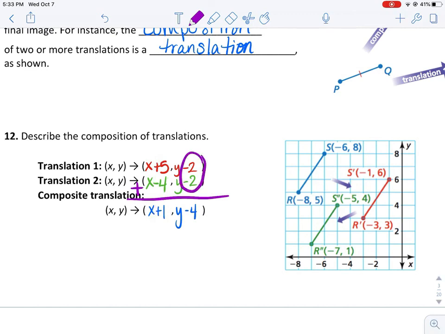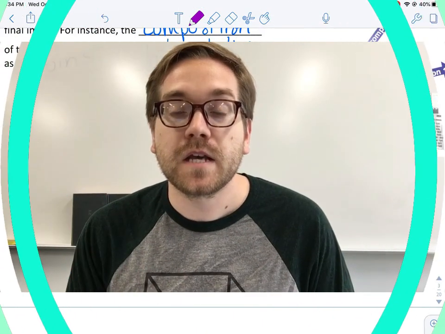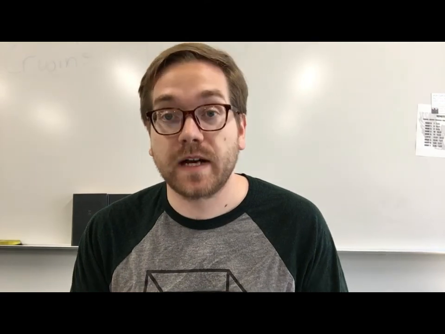What's -2 minus 2 more? -4. So if you're algebra brained, absolutely feel free to find the translations individually and then use algebra to put them together for the composite. Or if you want to go a little quicker, maybe just go from your original to your final image when it's possible.